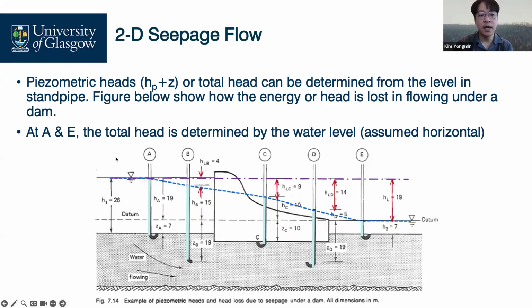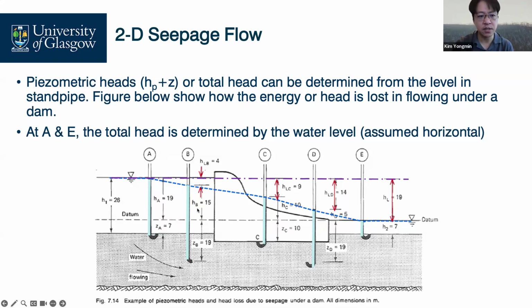That's why our water flows left to right. So it means that even if you don't know where your datum is, you can simply install your standpipe somewhere. You can read off the water height of the standpipe, which is a pressure head.